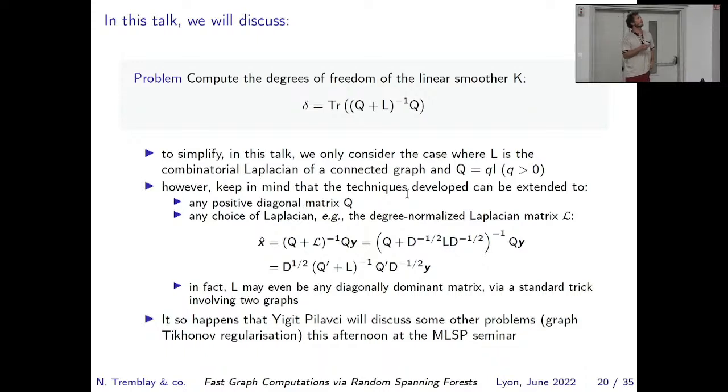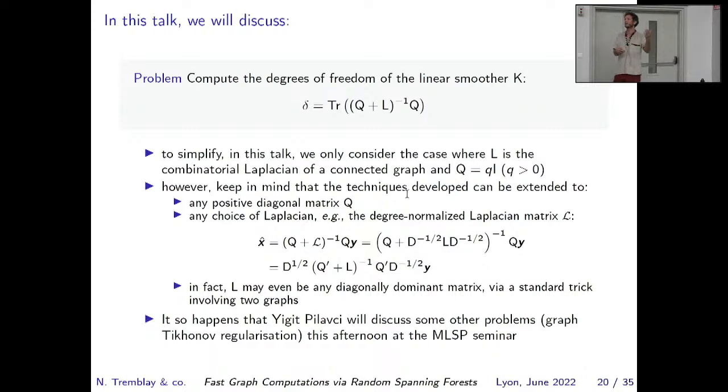Nice to keep in mind as well is that all I'm going to talk about works for any diagonal matrix Q. It works for other types of Laplacian, so there are some normalizations that you can have in mind. For instance, the degree normalized Laplacian, which is here, D to the minus half L D to the minus half.